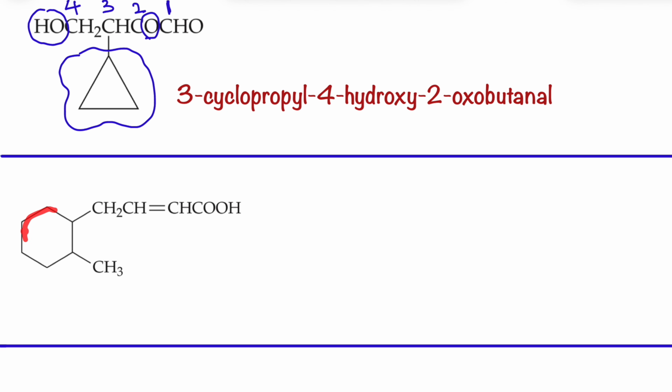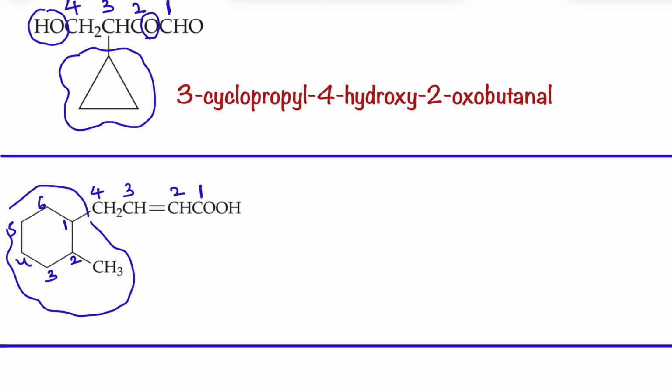And in the next example, here you have a closed chain, here you have an open chain, but the open chain has the functional groups, therefore this will be the principal carbon chain. It may not be the longest, because here you have 6 carbons, but still here you have functional groups. And this is the first carbon, this is the second, third, fourth, fifth, sixth, and this is a branch. We have to use a prefix for this. Now, this is located at the fourth place.